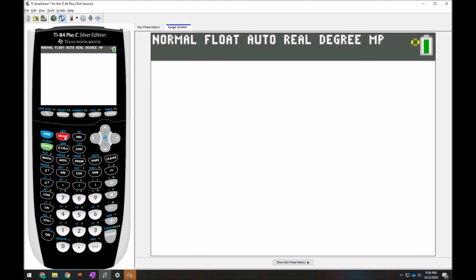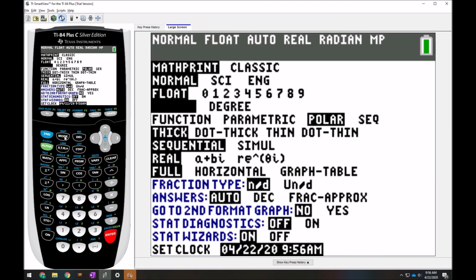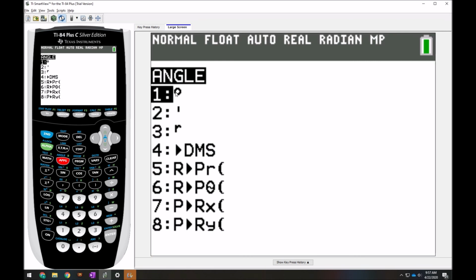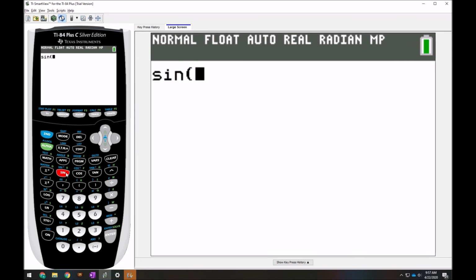I'm going to, again, as always, recommend you stay in radian mode. If you need to use degrees in your other classes, you can go ahead and see right here above your apps button, there's a menu for angle, and right underneath there, there's a degree symbol. This is really powerful because it allows you to do something like, say, sine of 30.